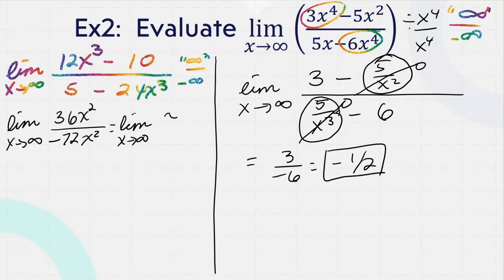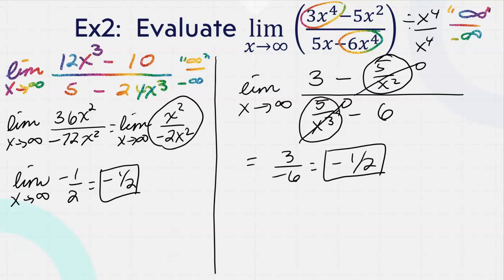So this is going to be x squared over negative 2x squared, and we can go ahead and reduce the x squared divided by x squared as well. So that is going to be the limit as x goes to infinity of negative 1 over 2, which is negative 1/2.